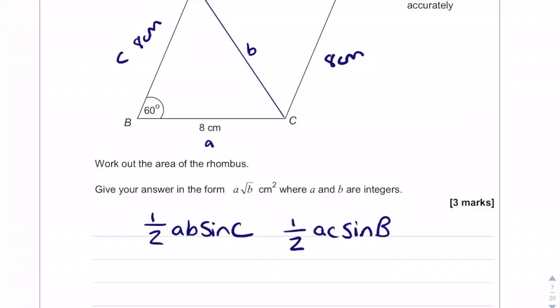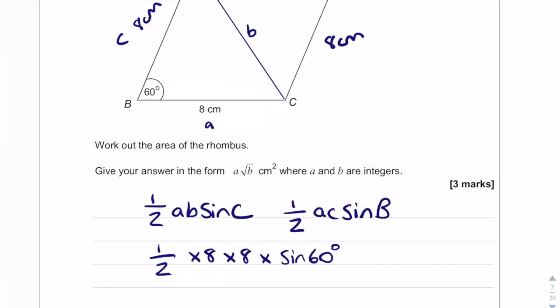So substituting those values in, we get a half multiplied by 8, multiplied by 8, multiplied by sine 60. Now, of course, this is a non-calculator paper, so you won't be able to type sine 60 into your calculator. But you should know your trig triangles to work out what sine 60 is.